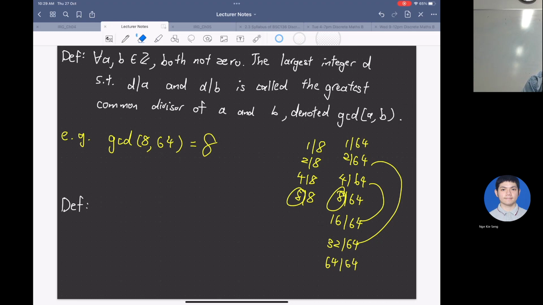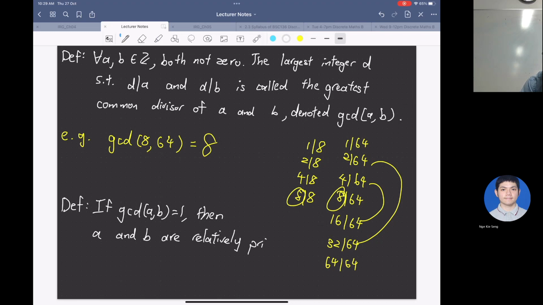So if GCD of A and B equals 1, then A and B are relatively prime. Why do we call them relatively prime? Because, for example, the GCD of 8 and 9 is 1, but 8 and 9 themselves are not prime, because 2 divides 8 and 3 divides 9. So they are not primes, but they are relatively prime.